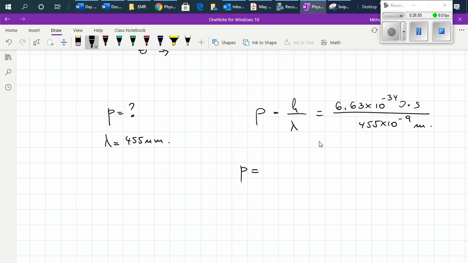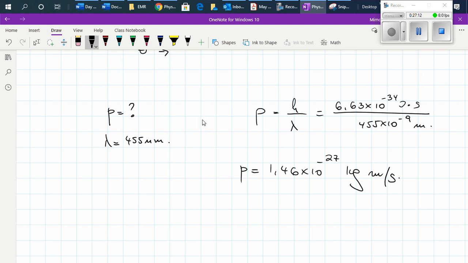So momentum is 1.46 times 10 to the power of negative 27 kilograms meters per second. It has the same units as momentum that we have seen in unit 1.